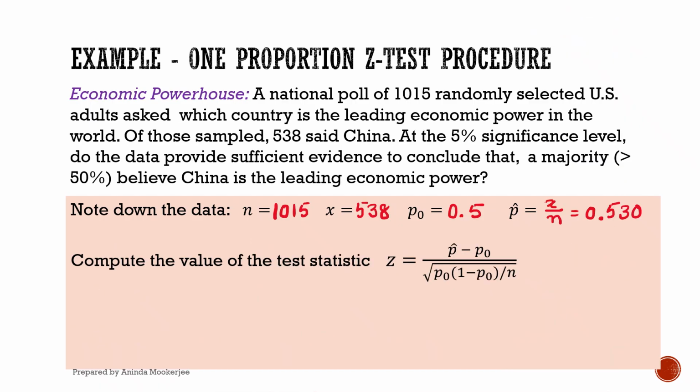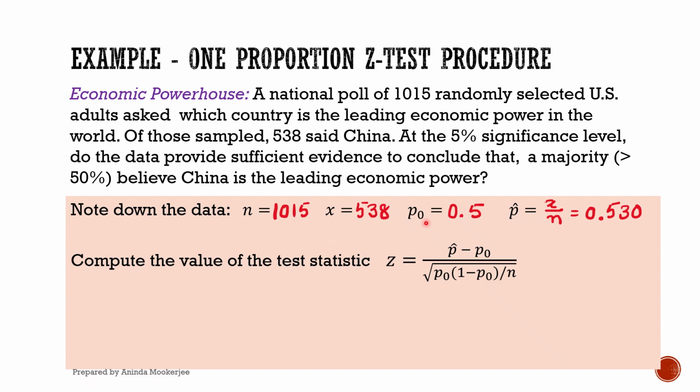Over here, we are going to find the test statistic, which is the third step of the procedure. All right. Now I've brought over the data that we listed and calculated in the previous page. So over here, n, which is the sample size, was 1015, x 538.